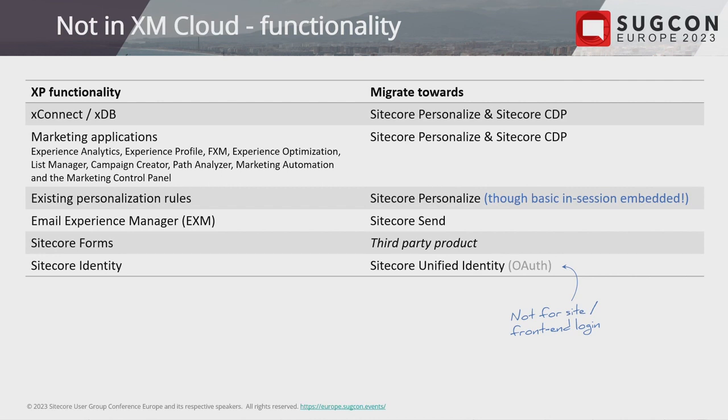Sitecore Identity is going to be replaced by a unified identity, and that is only used for your login between the different composable products. As I said, you can't use it at the front end anymore, so if you base your security implementation on it, you actually want to do that on the front end as well.